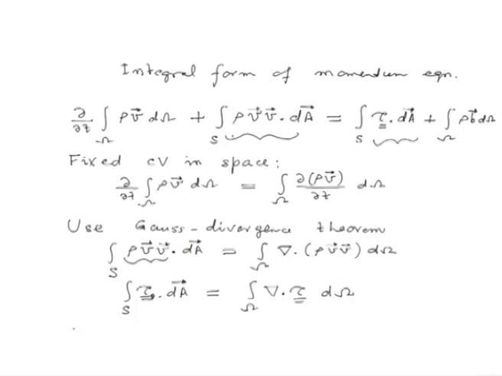So, let us substitute and bring all the terms on one side, all terms on the LHS. That gives us a big volume integral.